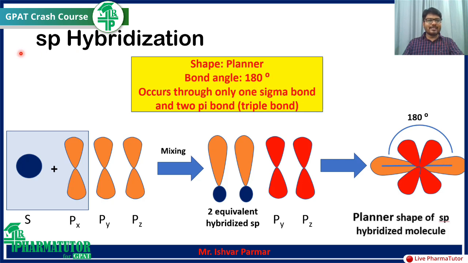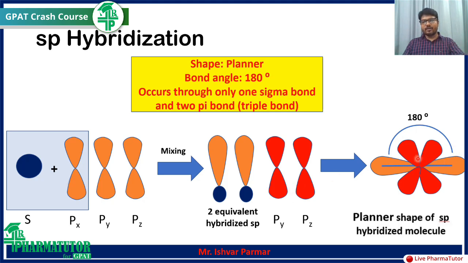So now this is sp hybridization. You can see one s orbital and one p orbital participate. Mixing of one s and one p orbital forms two equivalent hybridized sp orbitals. Py and pz do not participate in the hybridization.